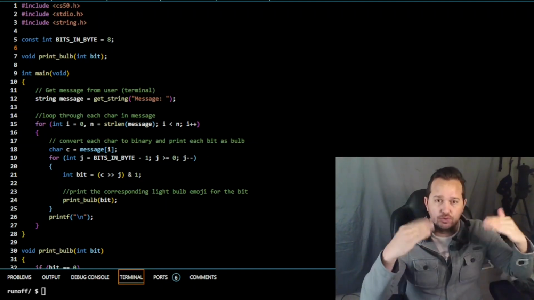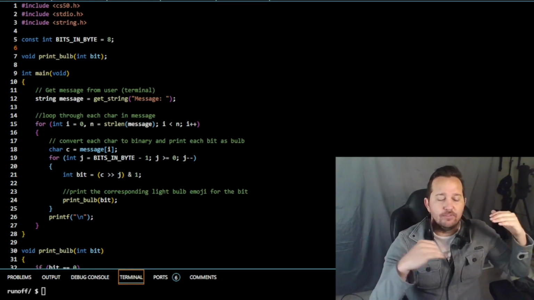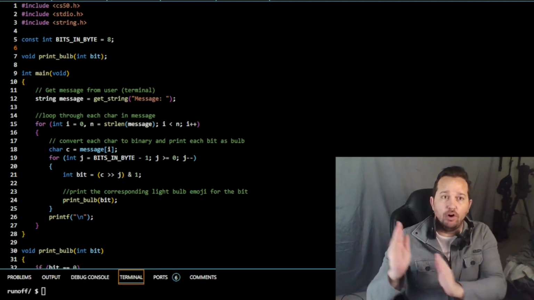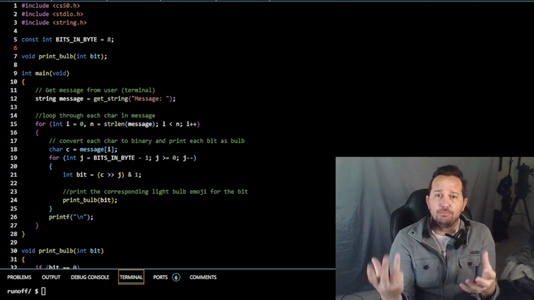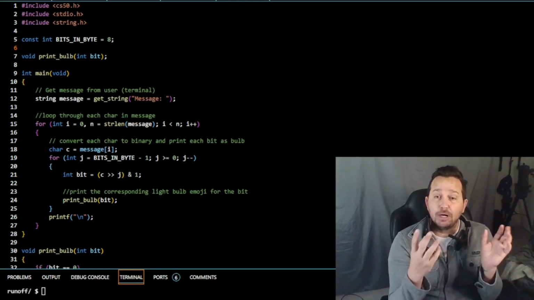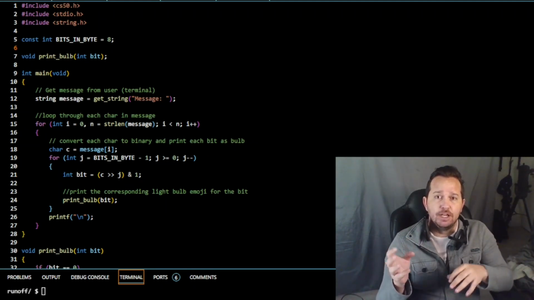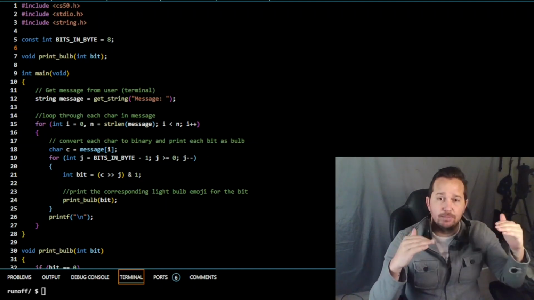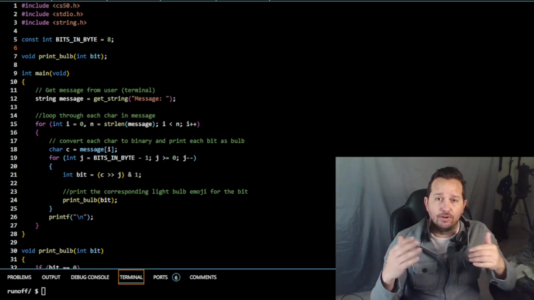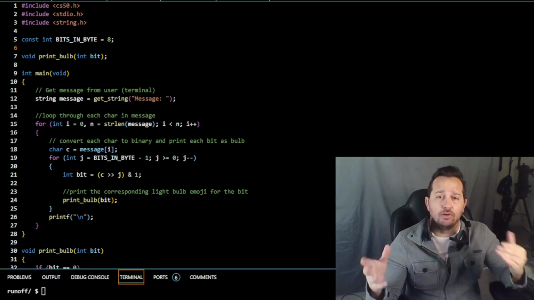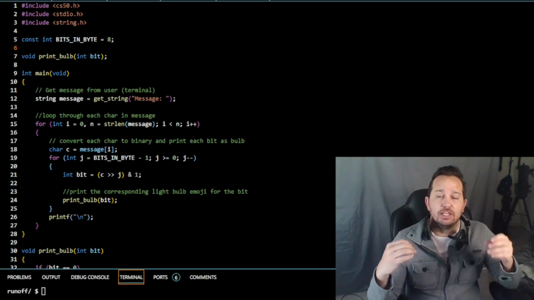And then if it's a switch, or a 1 or a 0, if it's a switch for these bulbs, we can turn that bulb on or off, and we can do that for all 8 bits, because that's how many bits are going to be in the binary code. Then we will actually extract the on-off bits for that light bulb and switch them into the proper position of on or off, therefore representing the state of light bulbs on or off, which gives us the result that we need.